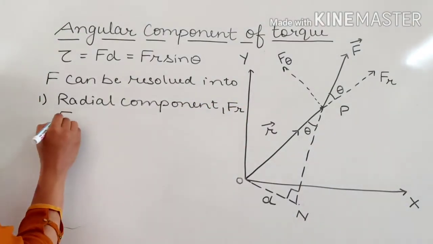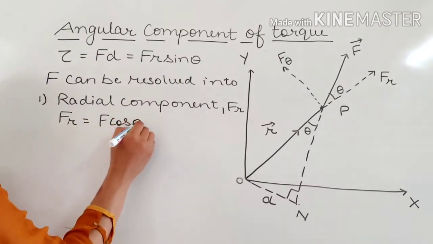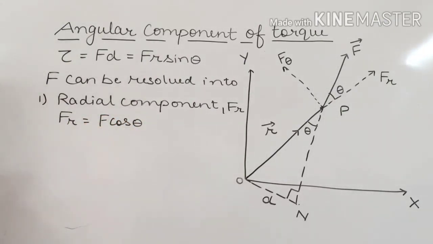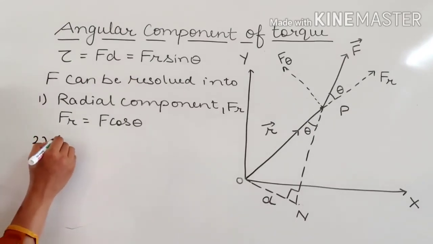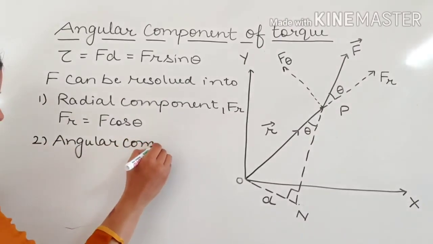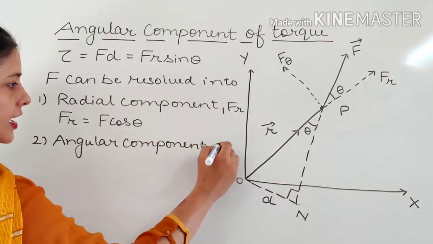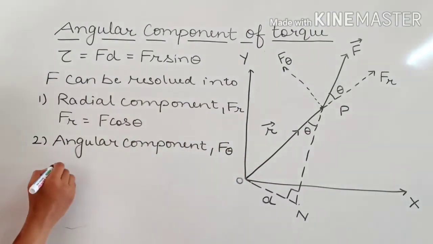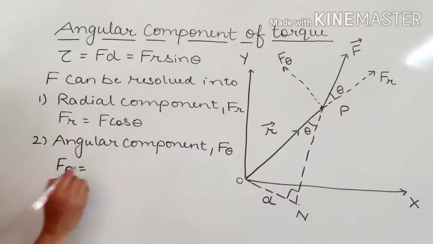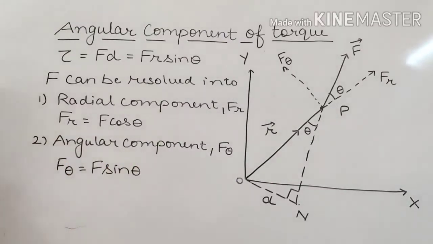So Fr can be written as F cos theta, because this is the horizontal component of the force. Second is the angular component, denoted by F theta, that is F theta is equal to F sine theta.